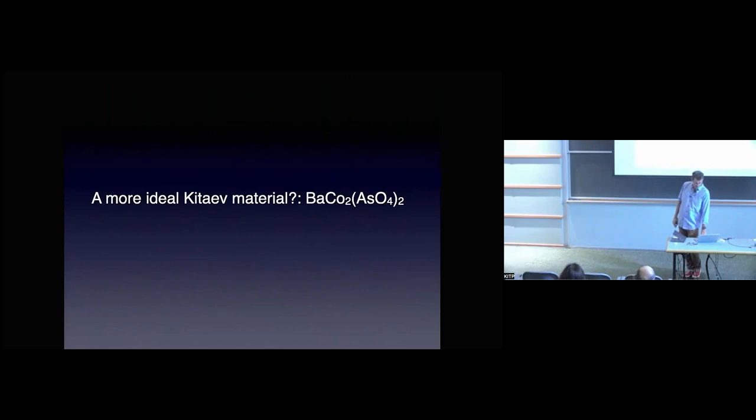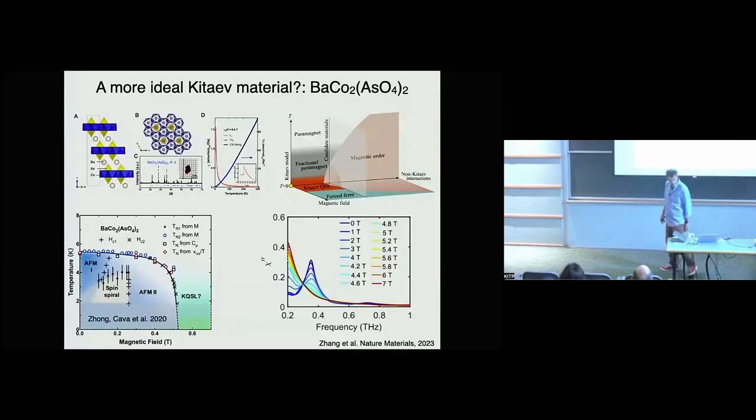We have for many years been fortunate to work with Bob Cava, who has supplied materials, and in the context of our Institute for Quantum Matter at Johns Hopkins, has been involved for a long time working on lots of interesting quantum spin systems. Bob and his former postdoc, Rudong Zhang, had published this interesting paper on barium cobalt arsenic.